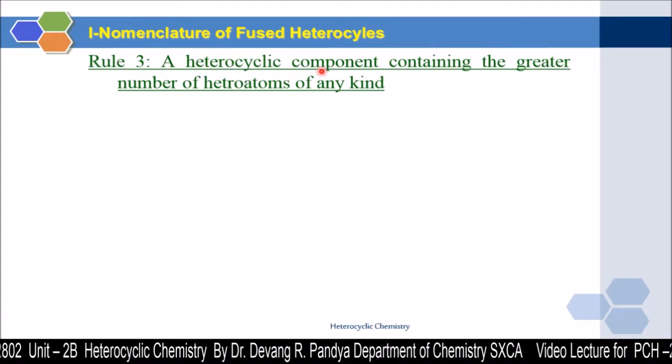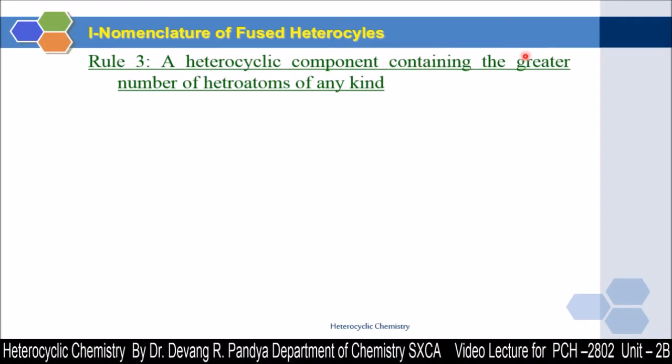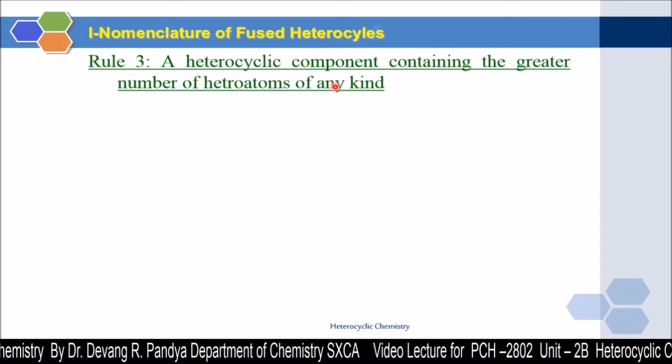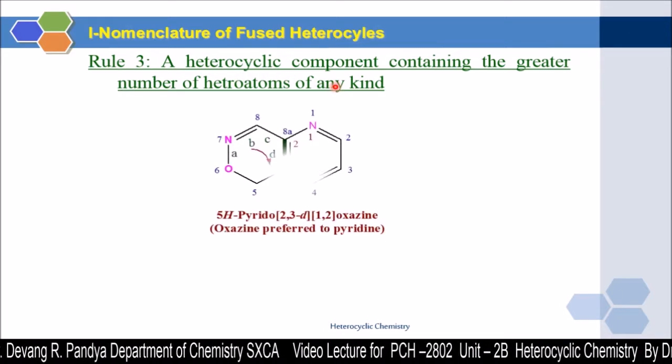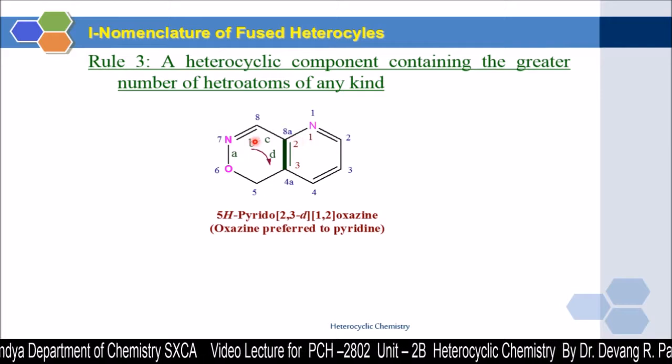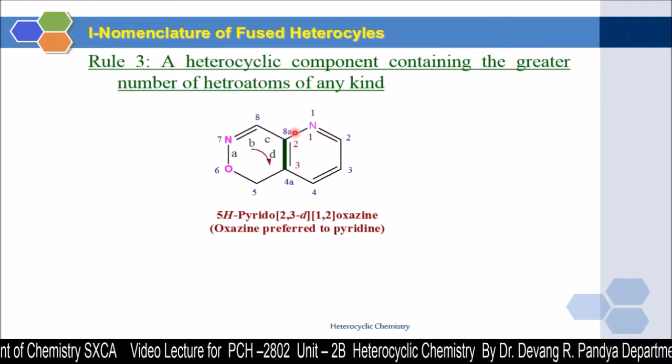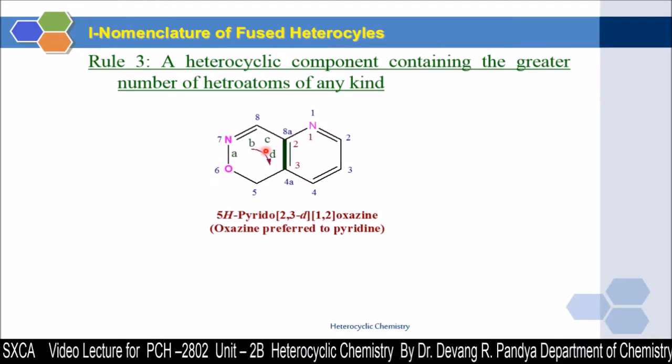Rule 3. A heterocyclic component containing the greater number of heteroatoms of any kind. Here you can see both are nitrogen containing rings, but here oxygen is there.